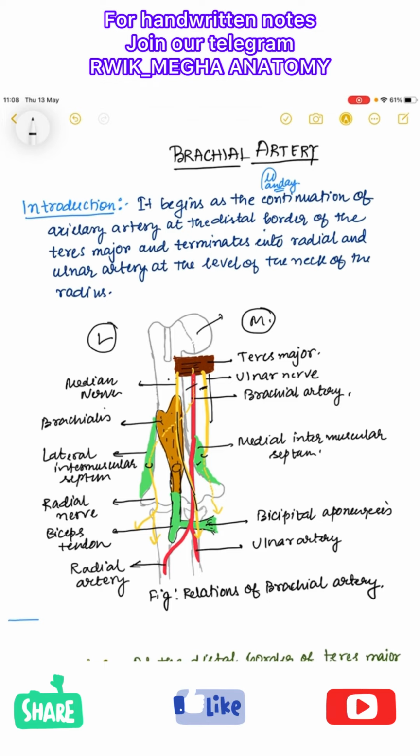We can remember the contents of the cubital fossa from medial to lateral: median nerve, brachial artery, tendon of biceps, and then our radial nerve, or we can say the superficial branch of the radial nerve, just to form this mnemonic MBBS, right?